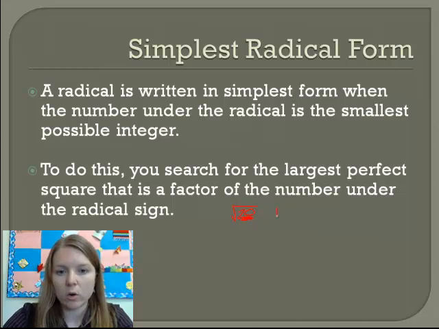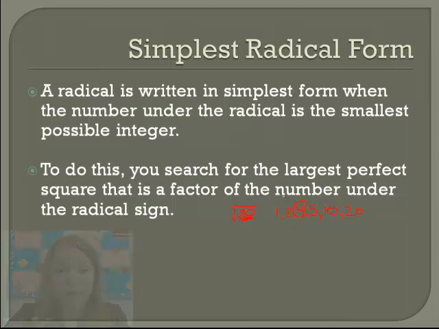Factors of 20 are 1, 2, 4, 5, 10, and 20. So which one of those, if any, is a perfect square? And then you look for the one that's the largest perfect square. Well, 4 is a perfect square. 2 times 2 will give you 4. So that's what you're looking for.